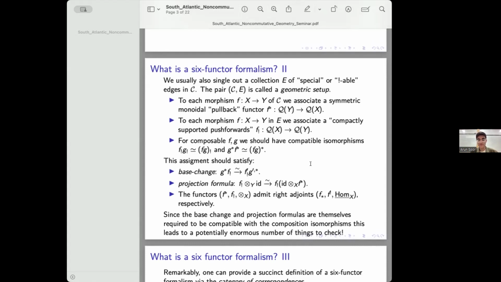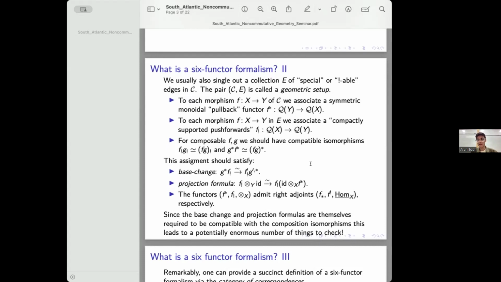So this gets us three of the operations: f upper star, f lower shriek, and the tensor product. The remaining three operations for the six-functor formalism are defined to be the right adjoints of these three functors.